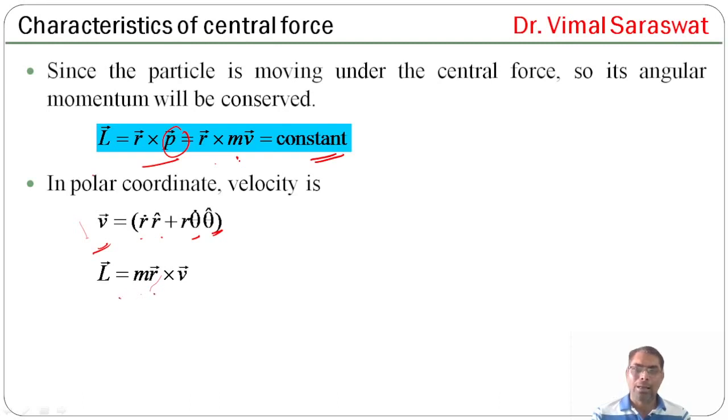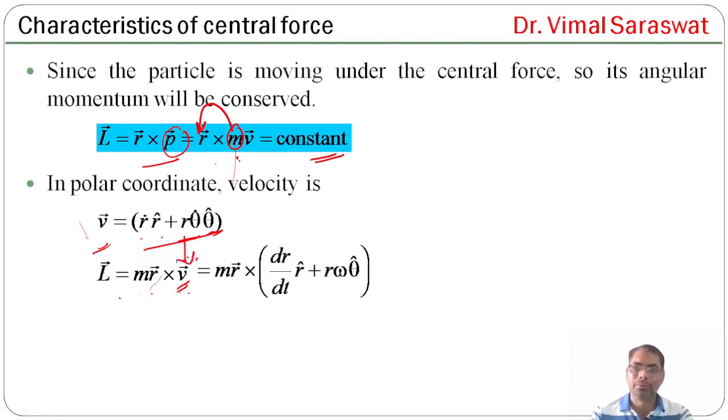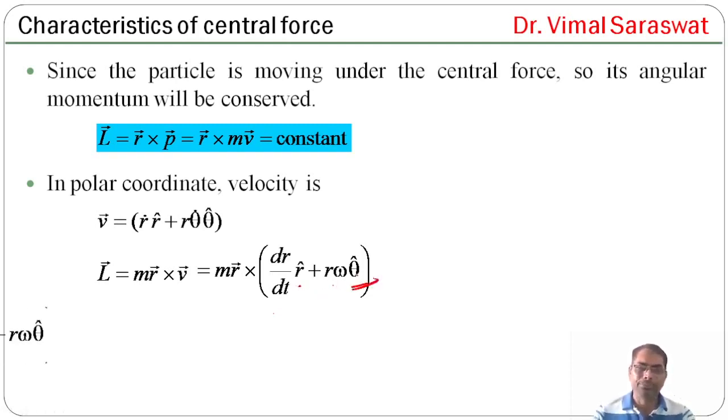Since L equals m r cross v, we transfer this m from here to here. So L equals m r cross v, and we replace this v with this one. So L equals m r cross dr by dt r cap plus r omega theta cap. So we replace theta dot with omega and r dot with dr by dt.